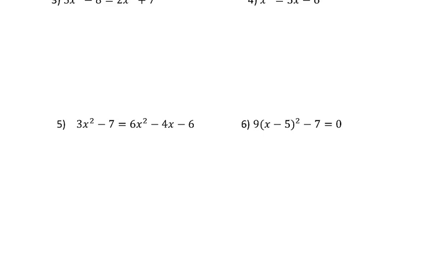For number 6, we call this the power pattern, since you only have x minus 5 squared in this equation. You don't have other x. Then you need to isolate x minus 5 squared on one side. So you need to move -7 to the right side first.